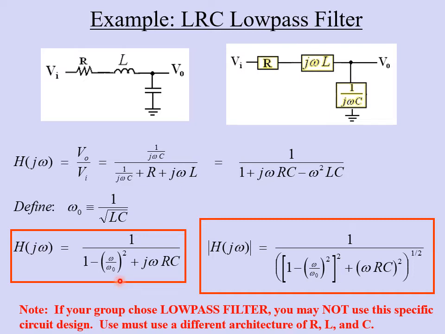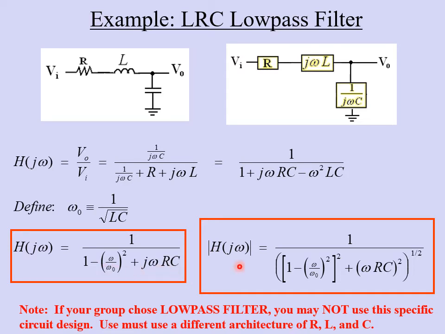And to do that, remember, we need the magnitude of the frequency response. So notice in this expression here, this is the real part, the 1 minus omega over omega naught squared. Those are all real numbers. And then this second part here, the omega RC, that's the imaginary part of this number in the denominator. So in order to find the magnitude of this function, we have to use the Pythagorean theorem.